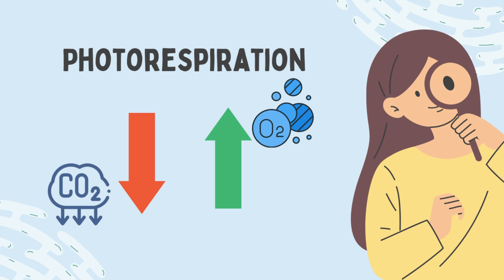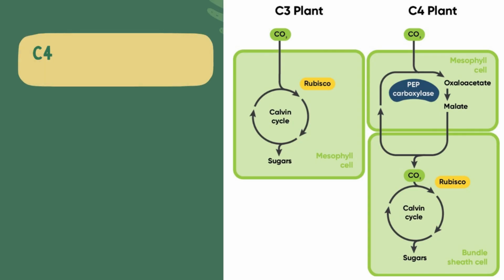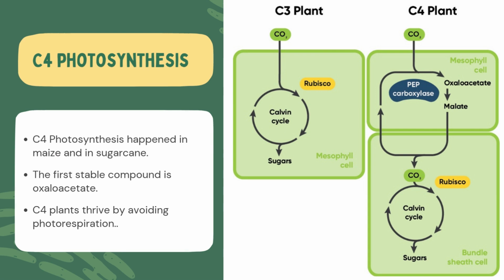Nature, however, has a clear solution. Some plants evolved a mechanism known as C4 photosynthesis to minimize photorespiration. In normal photosynthesis, also called the C3 pathway, the first stable product is a 3-carbon compound, but in C4 photosynthesis, the first product is a 4-carbon compound called oxaloacetate.